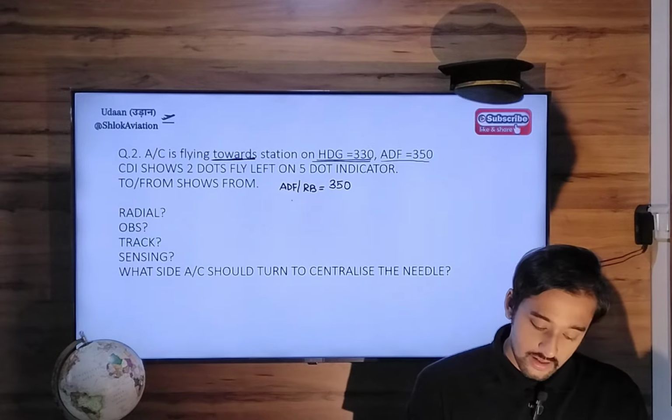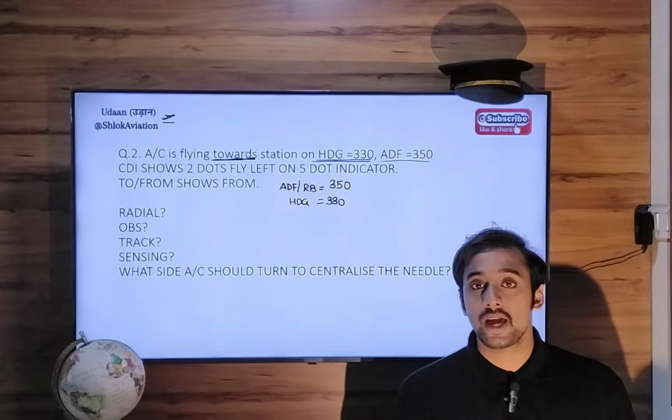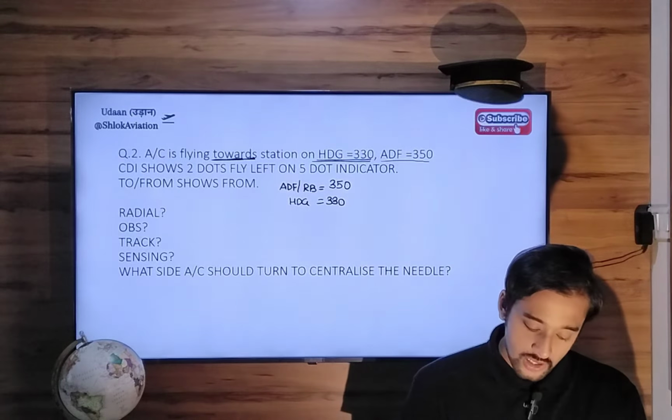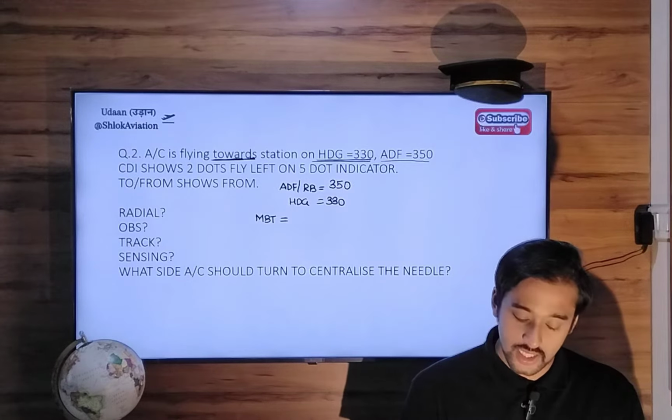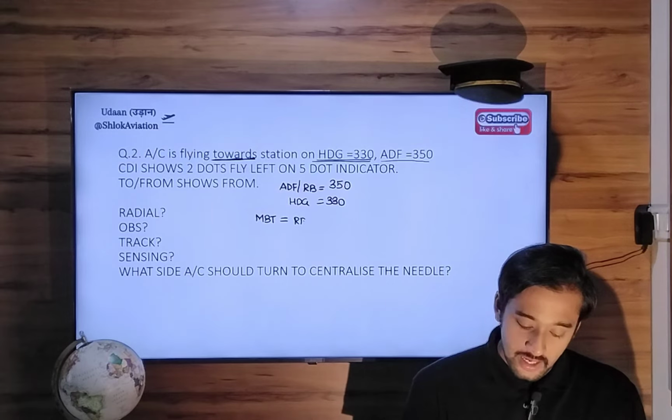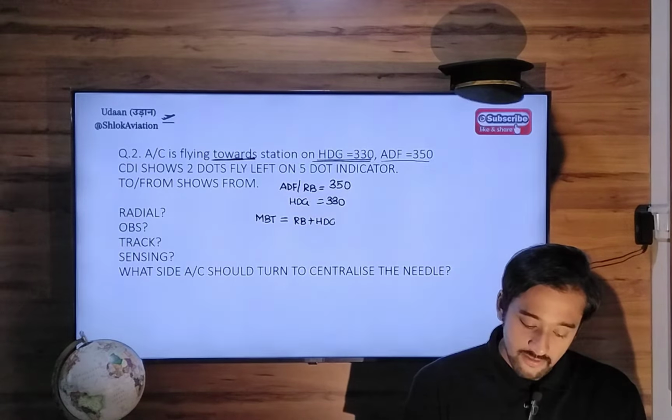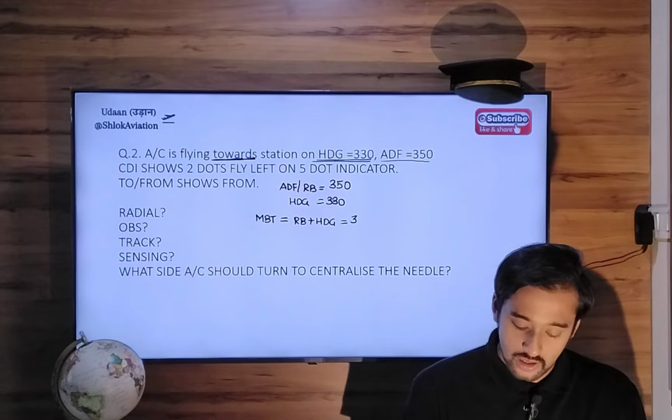The heading given is 330. From this, we will be able to calculate the track towards the station. What is the formula? Magnetic bearing towards the station, or track towards the station, is relative bearing plus heading. Relative bearing is 350. Heading is 330.